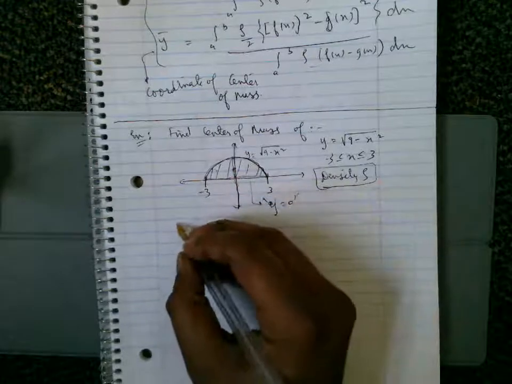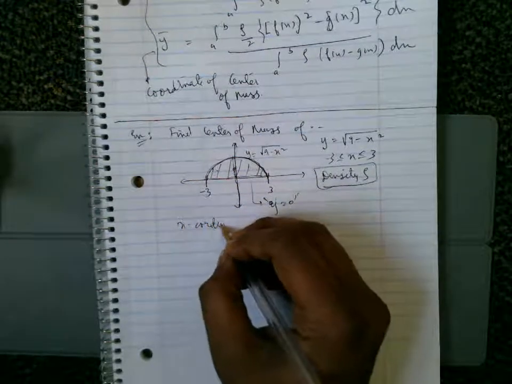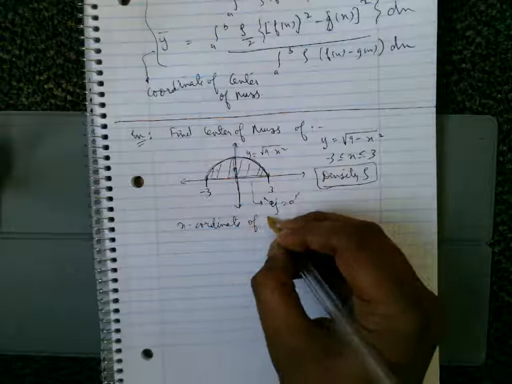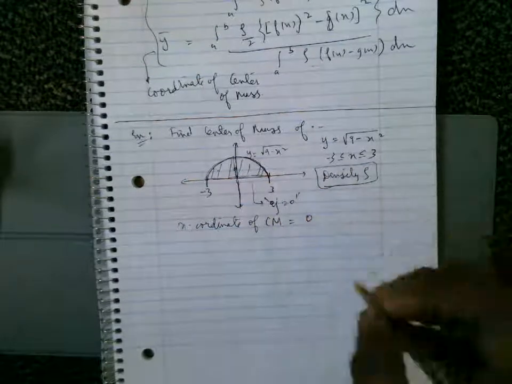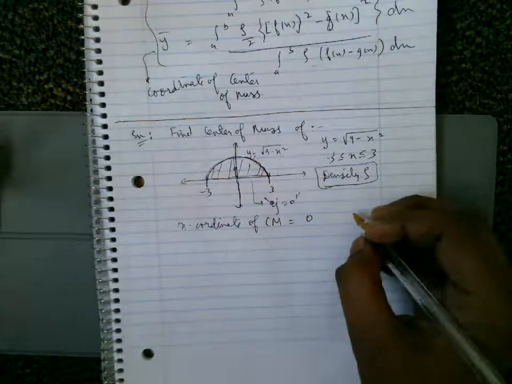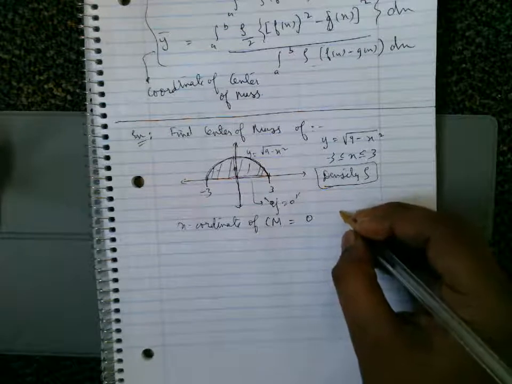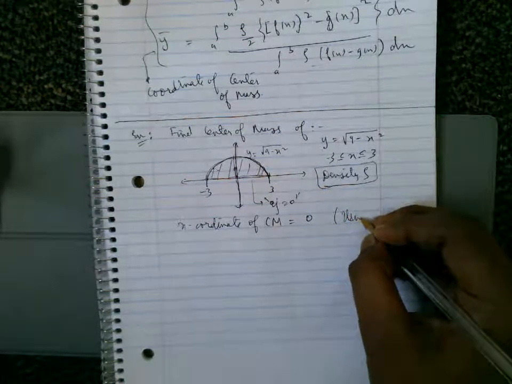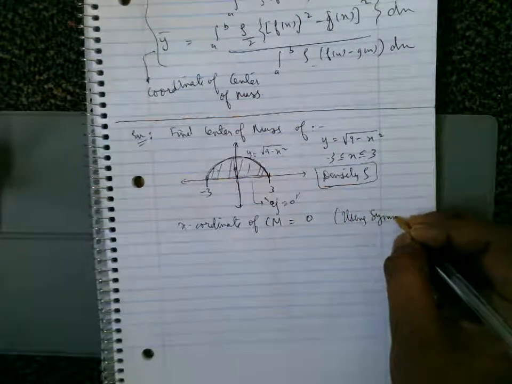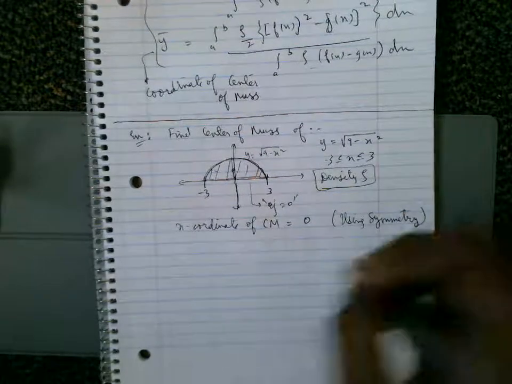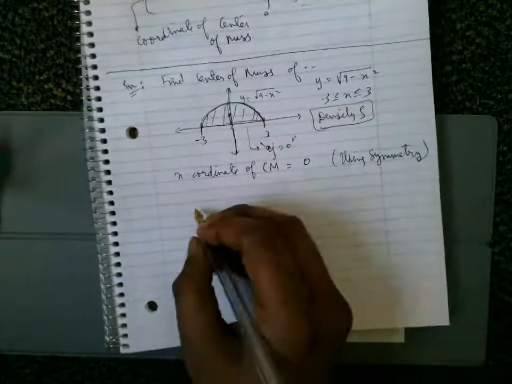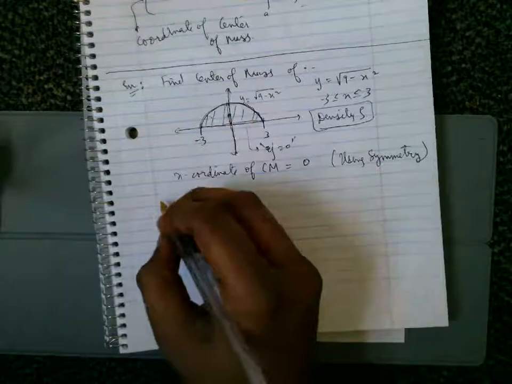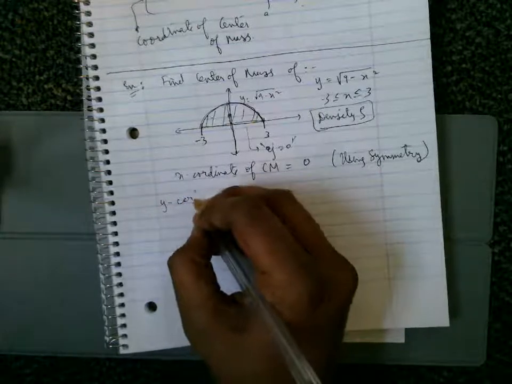So that means the x coordinate of the center of mass is 0, because it has to lie on the y-axis using symmetry. And so all we need to do is find out the y coordinate of the center of mass.